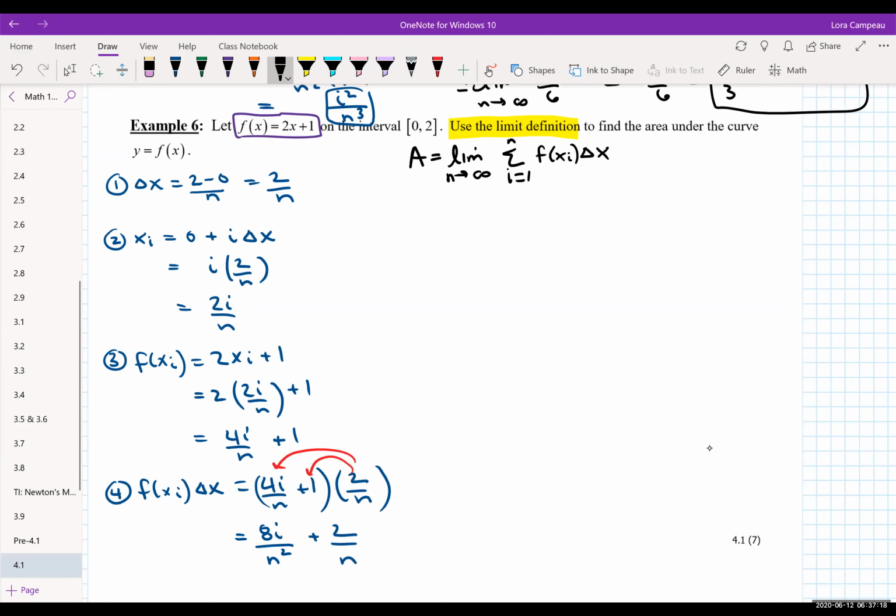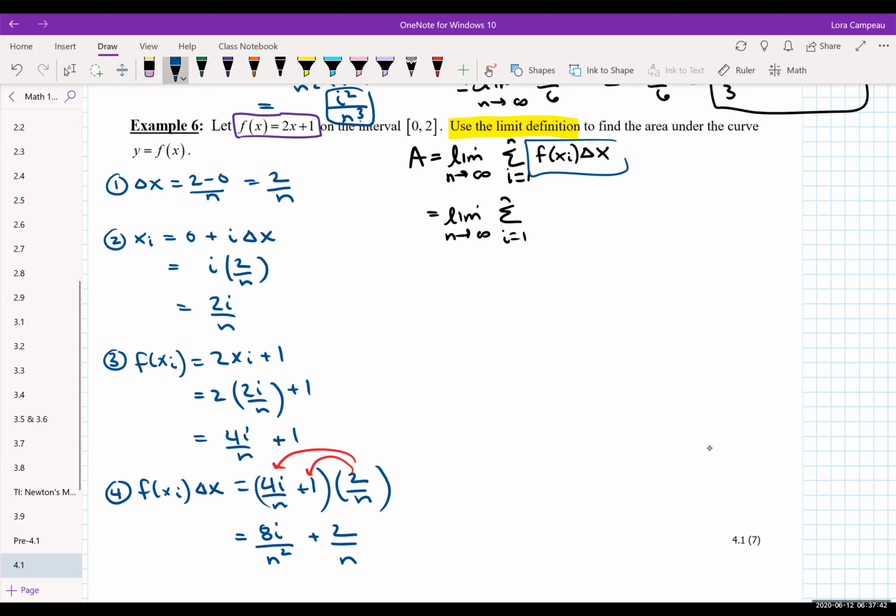Now keep in mind, what we need to do is replace f of x of i times delta x with the calculation we already used. So let's do that. Limit as n approaches infinity, keep the summation i equals 1 to n.